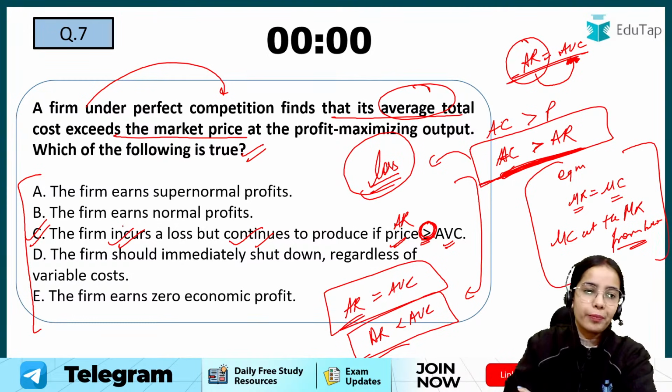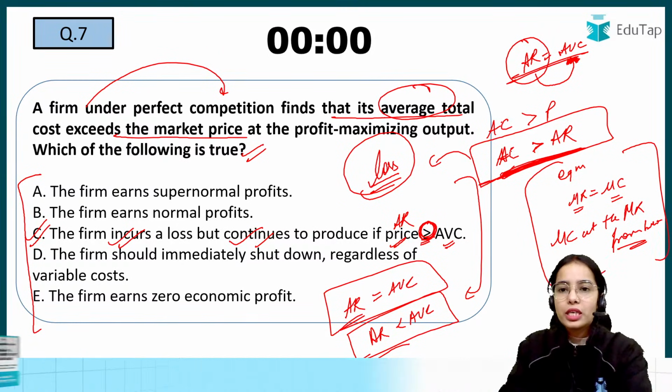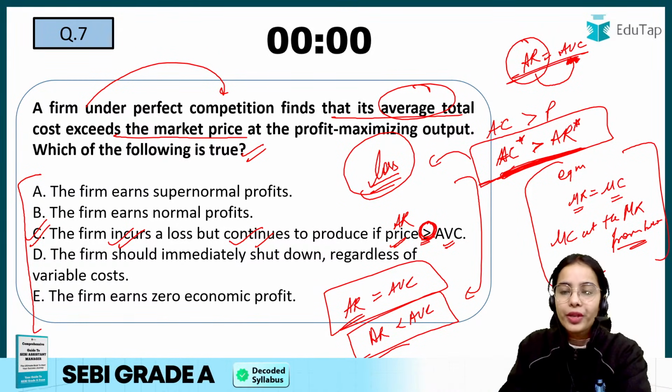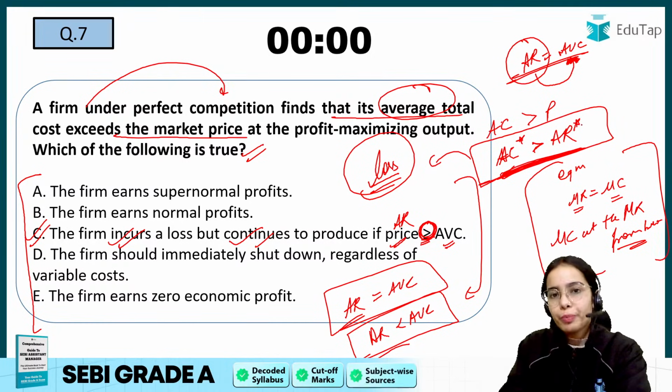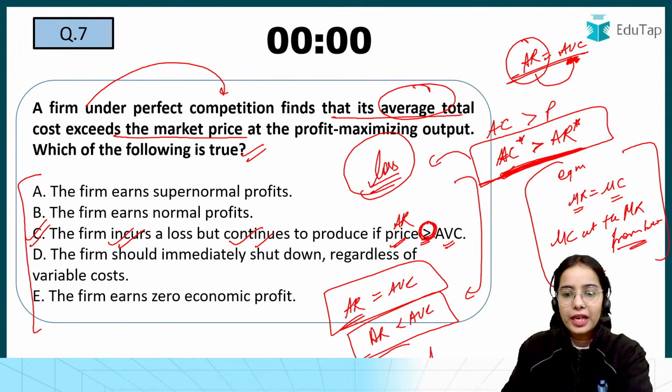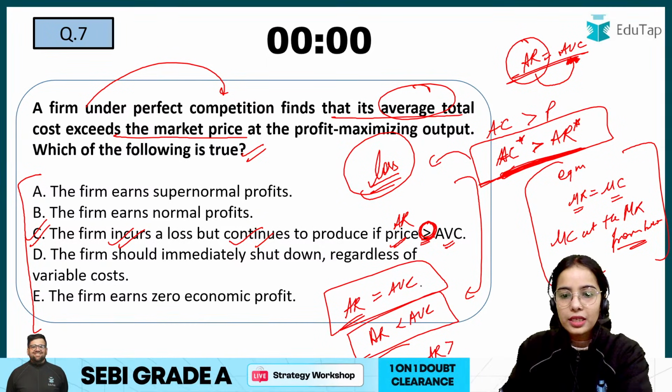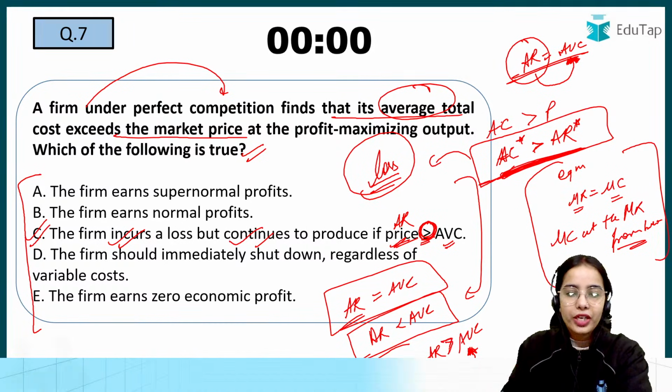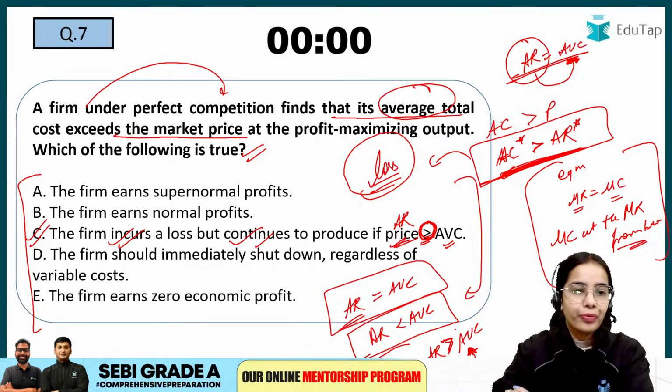So the firm is incurring a loss as the cost is more than the revenue, but the firm will continue to produce if the price is greater than average variable cost. So revenue is able to cover the variable cost and more. So this is the idea. So C is the answer.